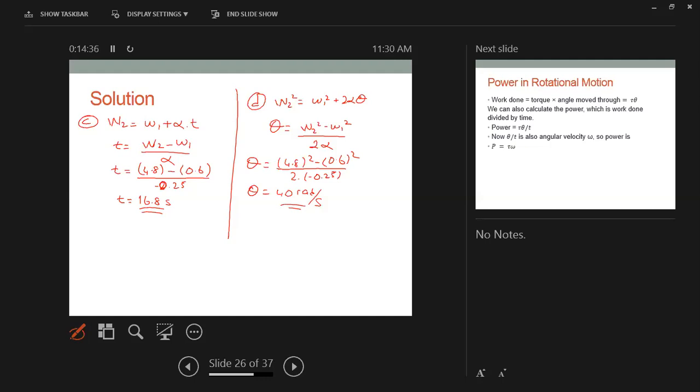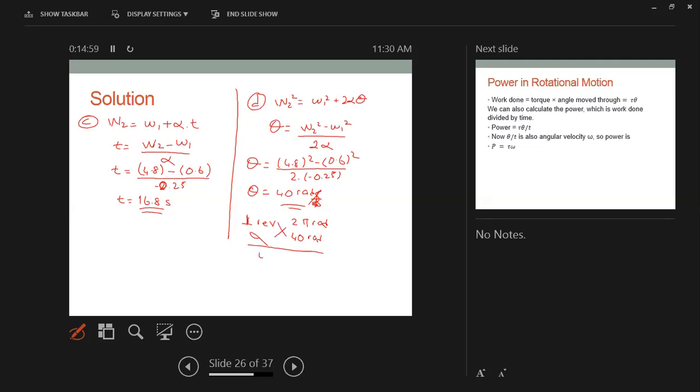So here, you know that one revolution is 2 pi, right? One revolution equals 2 pi rad. What about 40 rad? How many revolutions will it be? You can take pi as 3.